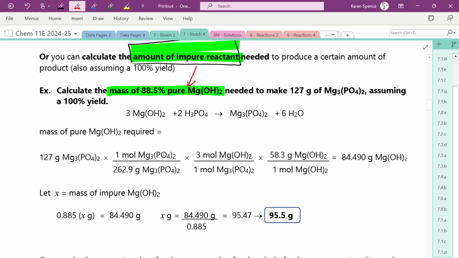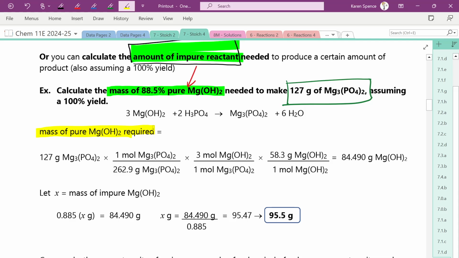Okay, good. And we want to know how much of that we need to make 127 grams of Mg3PO4. So let's just figure out how much MgOH2 we need to make that amount of Mg3PO4. That's just a straightforward calculation. So this is how much pure MgOH2 we need.